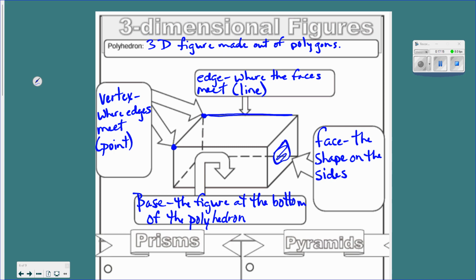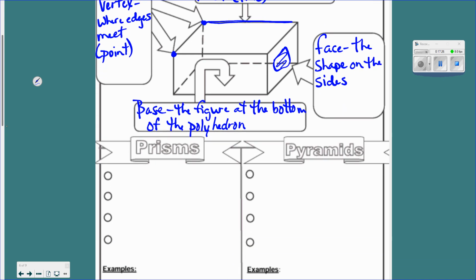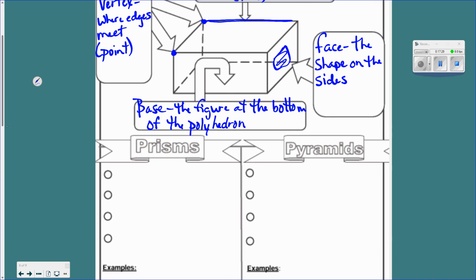Now, in three-dimensional figures, there are two primary figures we're going to be doing a lot of work with. That is prisms and pyramids. So some things about them are the same, but there are some differences between them. One big thing on each of them, these are both going to be 3D figures. You're going to see them in 3D.